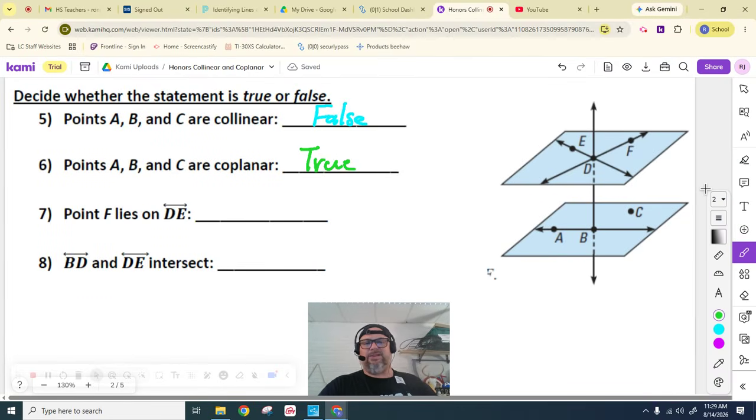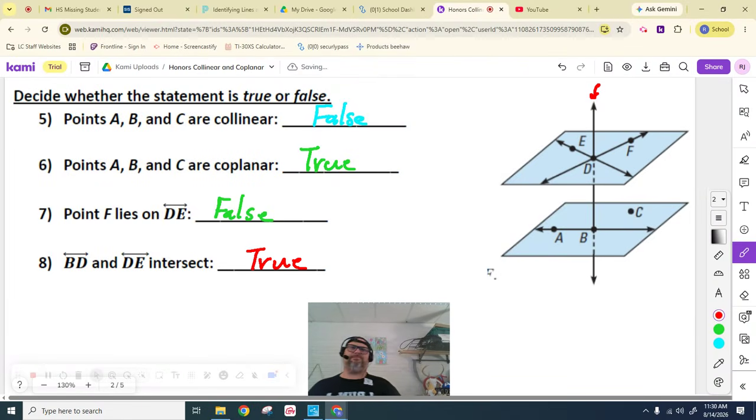Point F lies on DE. False. BD, which is this vertical line here, and DE intersect. True.